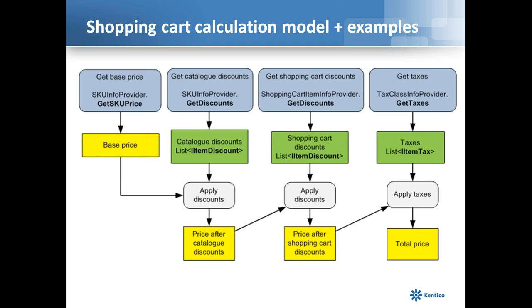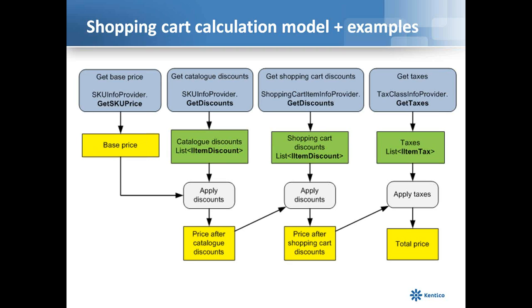What you can see is the scheme of the calculation per one product. So in general, how it works. Imagine you have 5 products in your shopping cart, and each product is evaluated through this scheme. So first you will need to obtain its base price, then the discounts are applied, and finally taxes.